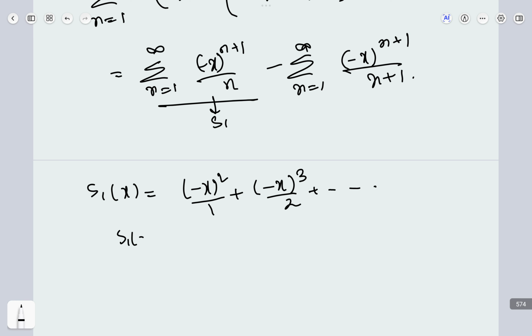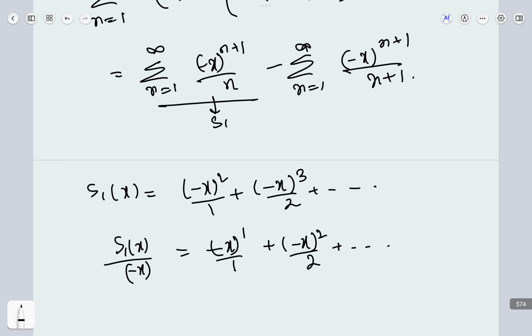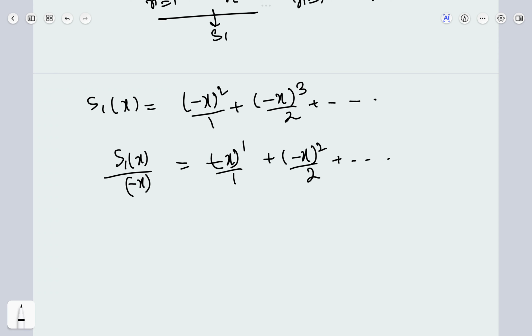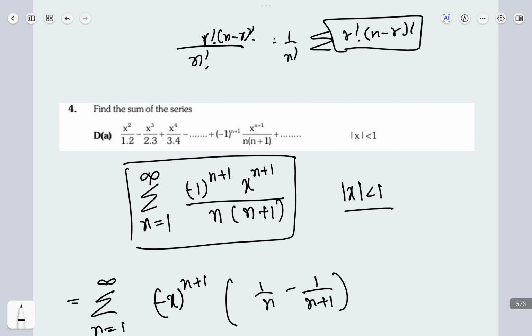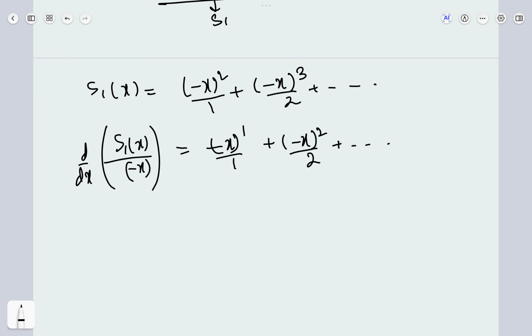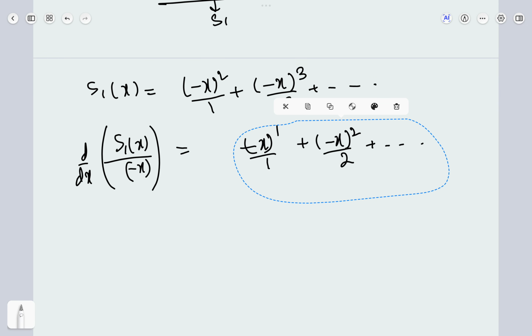So if I just divide by minus x, this would be minus x power 1 by 1 plus minus x power 2 by 2, and it goes on. Also this is an infinite series, so obviously I can just leave it like this.